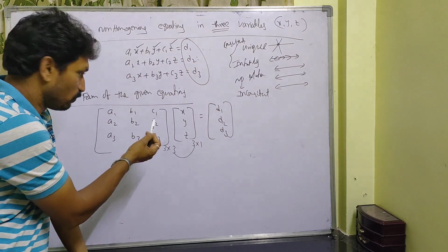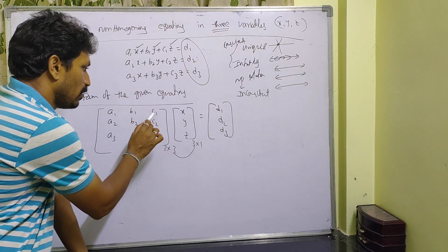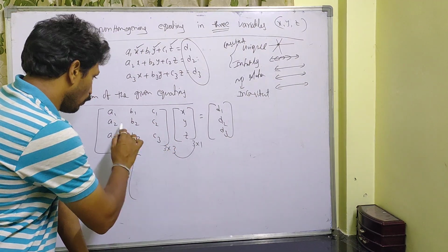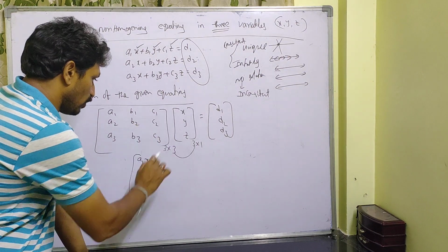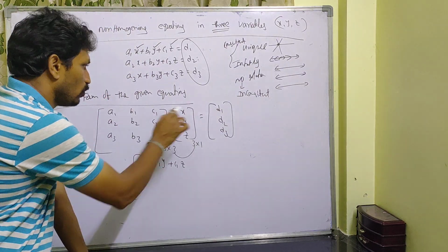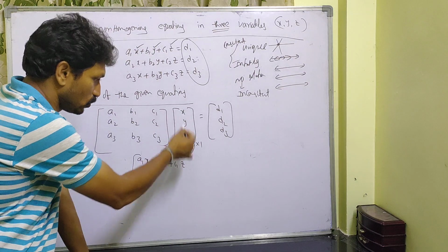that 3 by 1 matrix will be a1x plus b1y plus c1z. So if you multiply these two, you will get a1x plus b1y plus c1z. If there were one more column, then we would have to multiply, but there is no more column, so stop here.